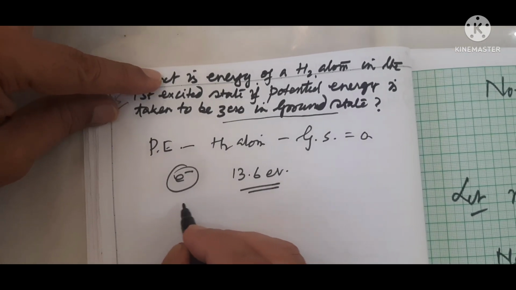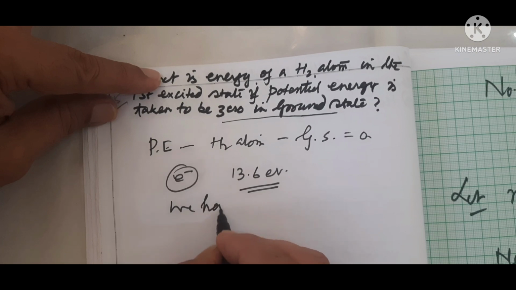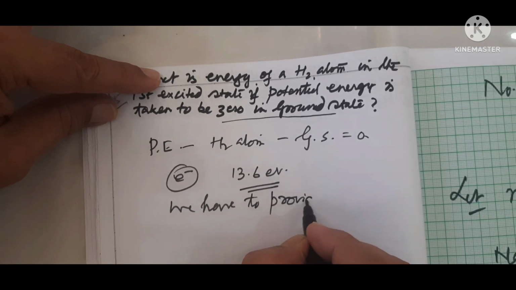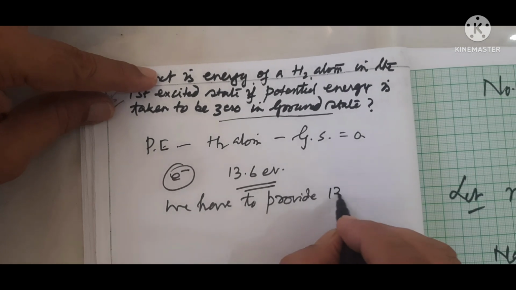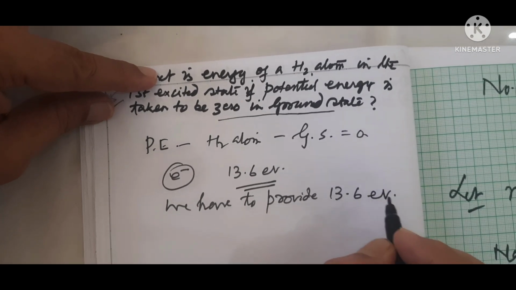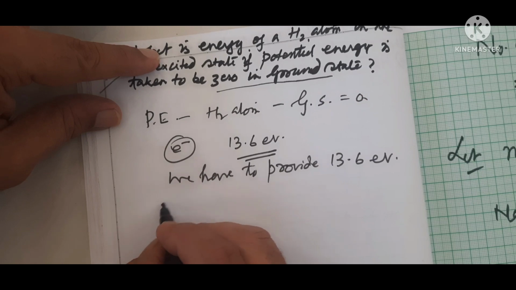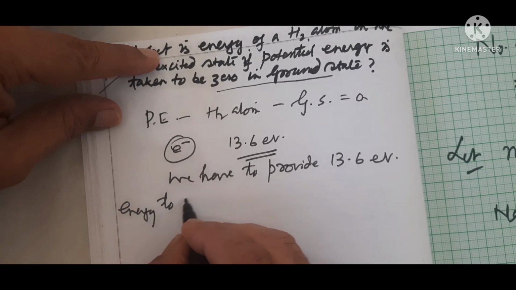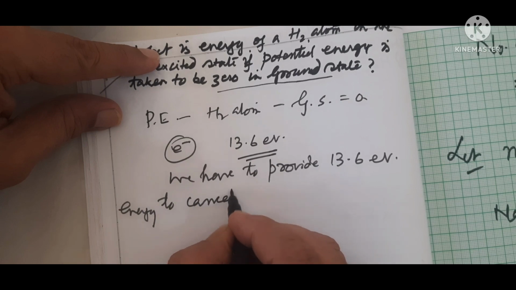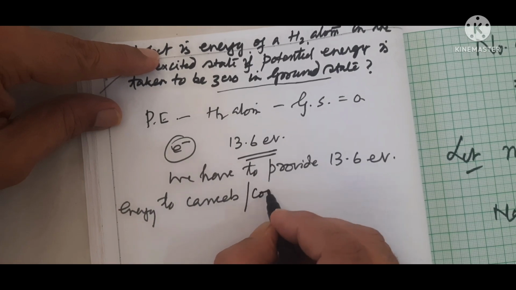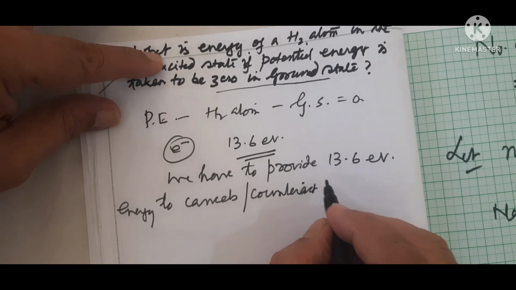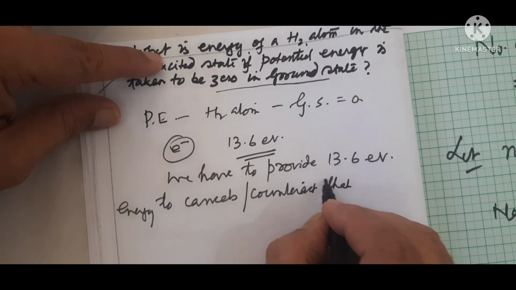That means we have to provide this 13.6 electron volt energy to cancel or counteract that energy.